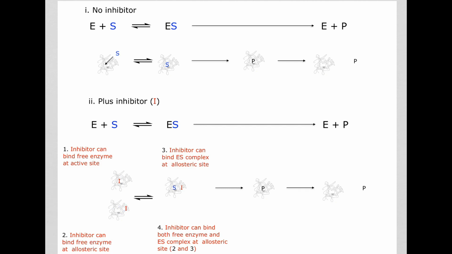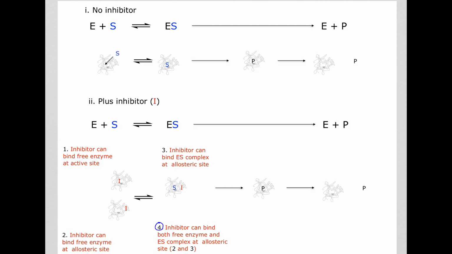The third possibility is that the inhibitor binds the enzyme substrate complex. So once the substrate is bound to the enzyme, only then the inhibitor will come and bind to the enzyme substrate complex, and this binding once again will be at an allosteric site.